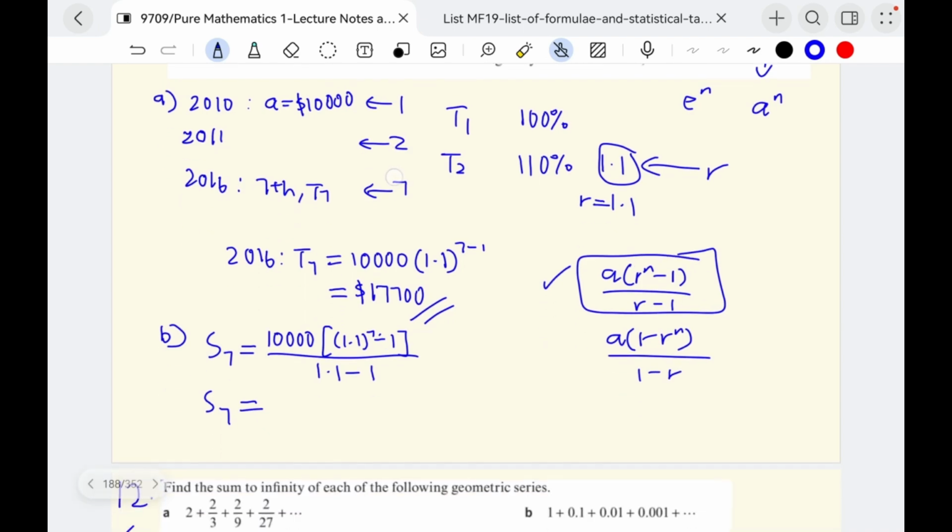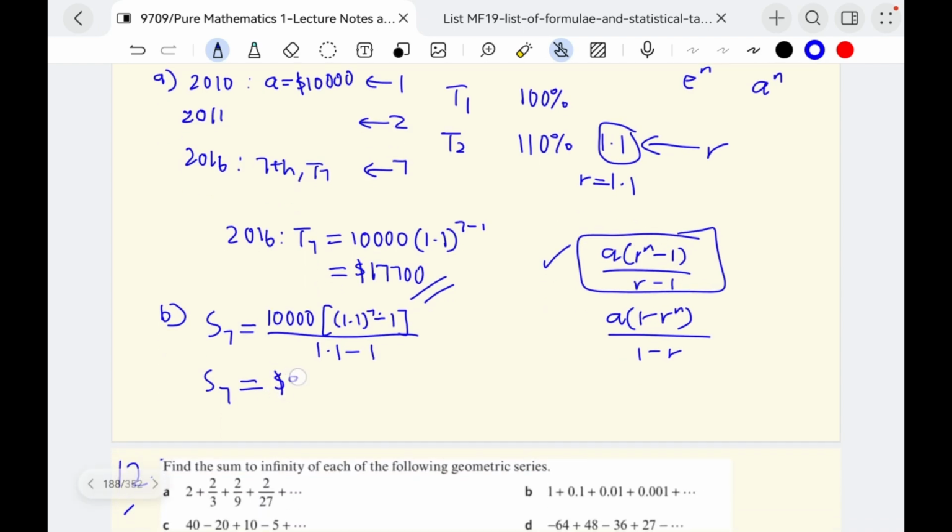Eventually you will get $94,900. Not ringgit, it's dollars. Leave it to three significant figures.